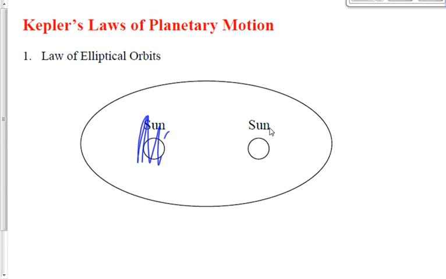And in fact, the sun doesn't decide where it's going to go because of where the Earth is going around it. It's the other way around. Rather, the sun is where it is, and then the Earth orbits around the sun, and other planets for that matter orbit around the sun as well, such that the sun is at that focal point of the ellipse.